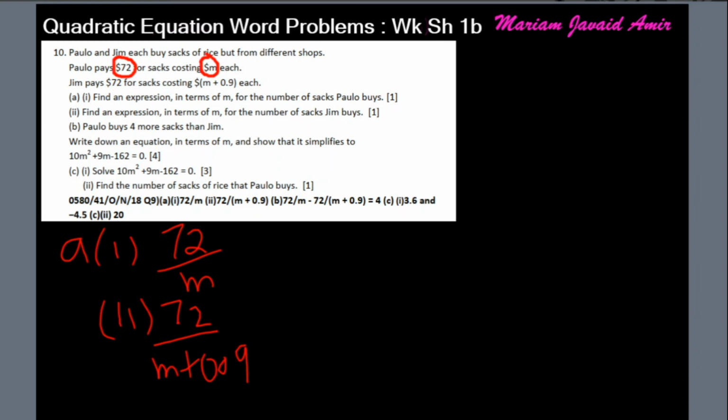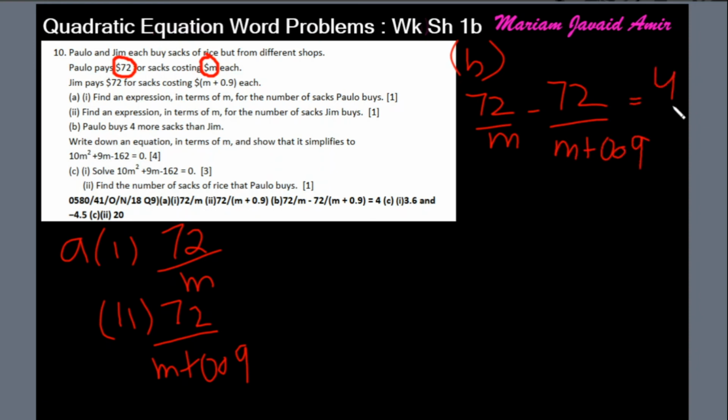Part B, Paulo buys 4 more sacks. So when we subtract these two expressions, we should get 4. So 72 over M minus 72 over M plus 0.9 equals 4.